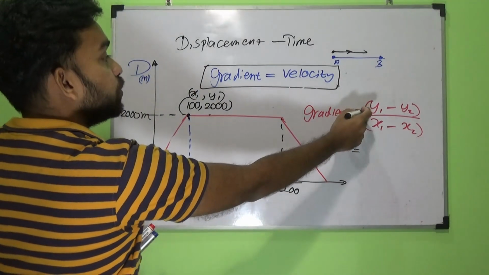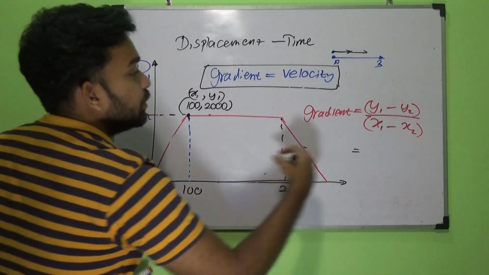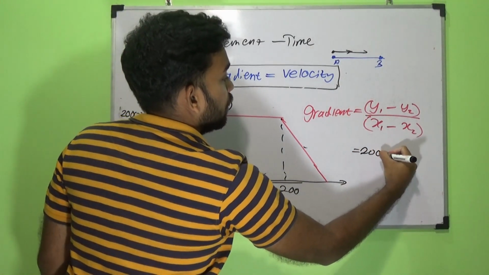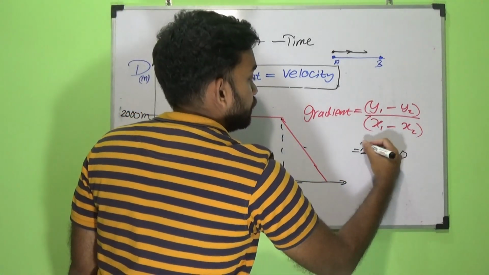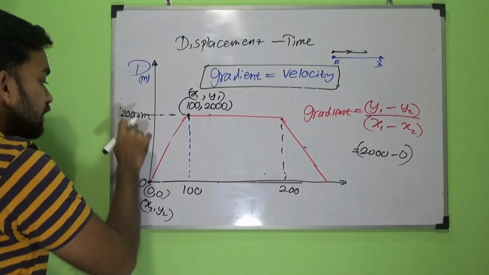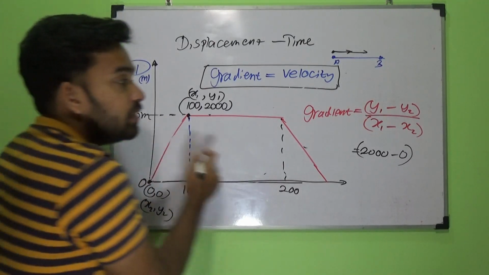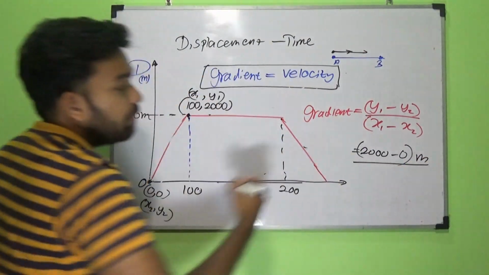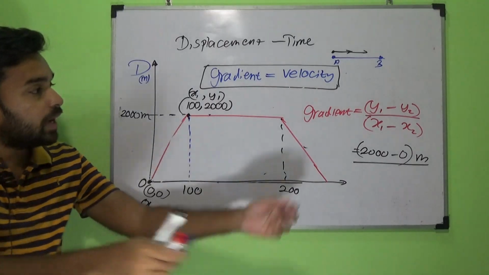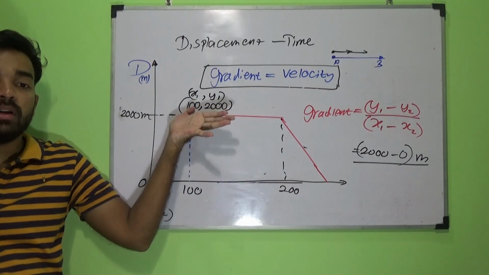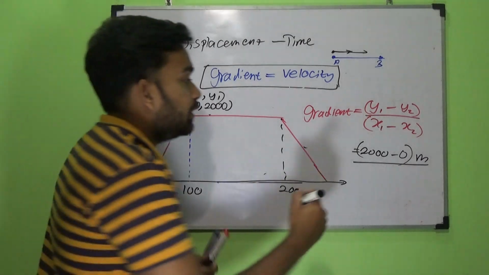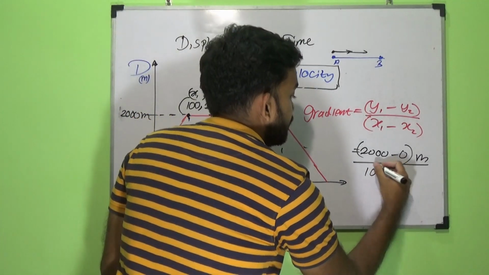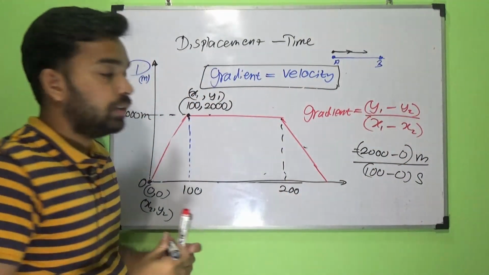So y1 minus y2: y1 is 2000, minus y2, which is 0. The unit is meters. Divided by x1 minus x2: 100 minus 0 seconds.